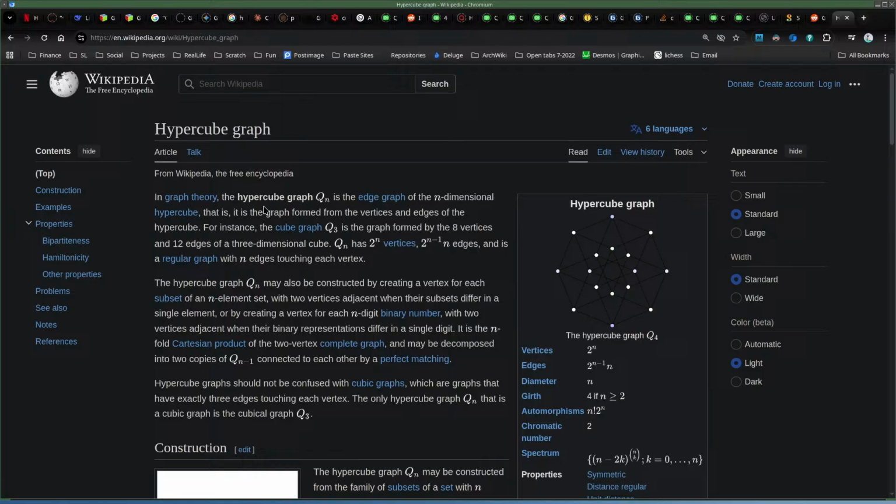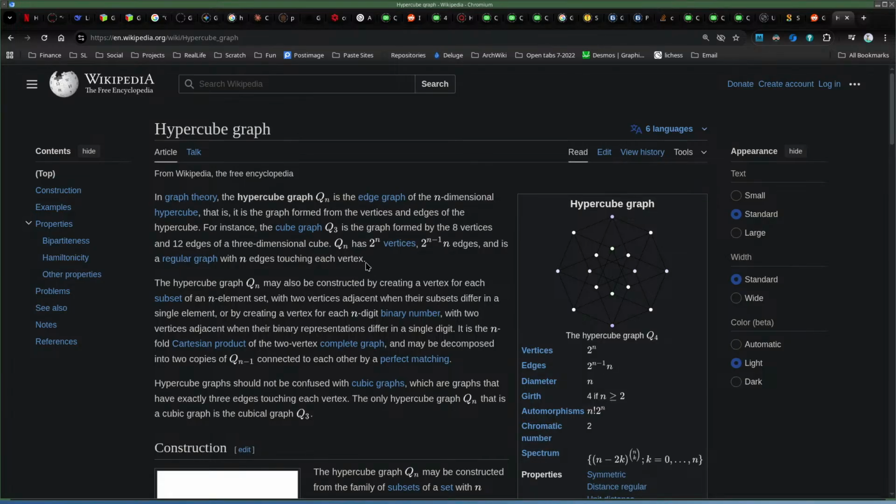In graph theory, the hypercube graph Qn is the edge graph of the n-dimensional hypercube. That is, it is the graph formed from the vertices and edges of the hypercube. For instance, the cube graph Q3 is the graph formed by the 8 vertices and 12 edges of a three-dimensional cube.